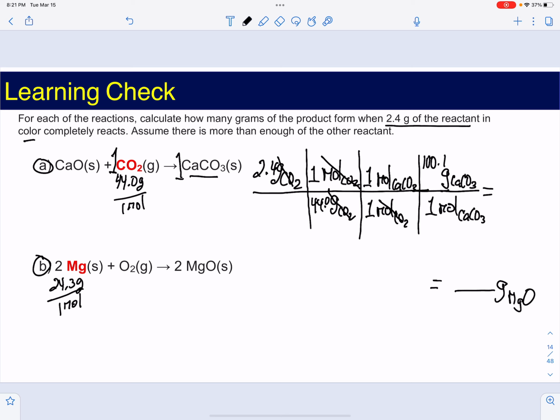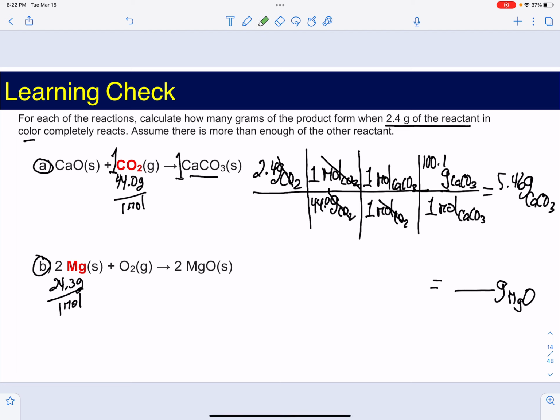So when we put all that together, I'm going to multiply 2.4 times 1 times 100.1, divided by 44, and that's going to be divided by 1, and that's going to give me 5.46 grams of calcium carbonate.